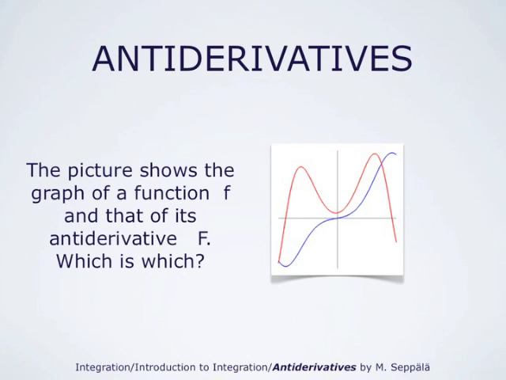The blue curve takes negative values when x is less than 0. Therefore, the blue curve cannot be the derivative of the red curve. And we conclude that the blue curve is the antiderivative and the red curve is the function.